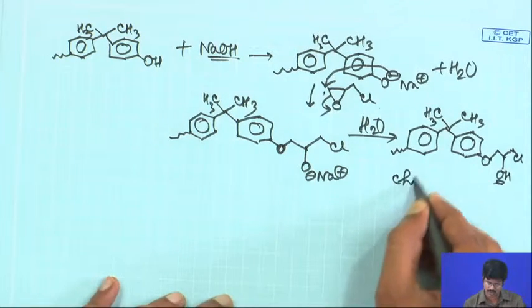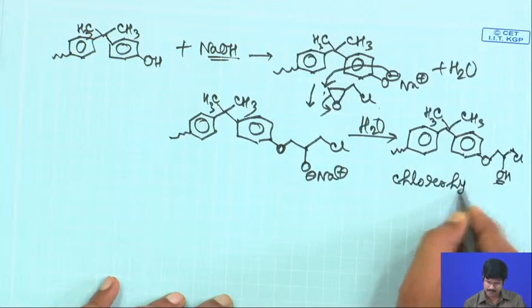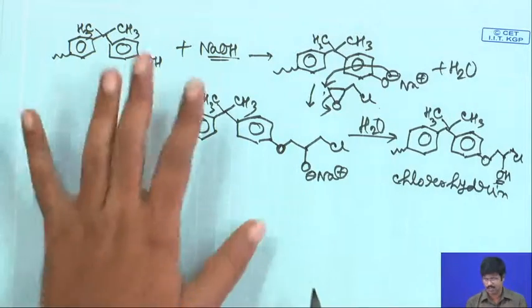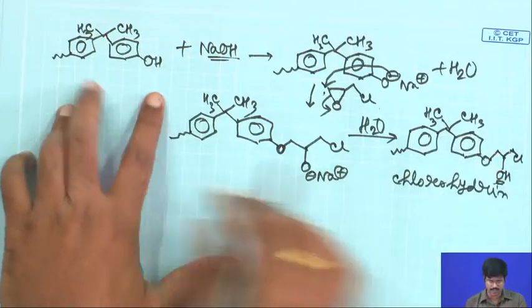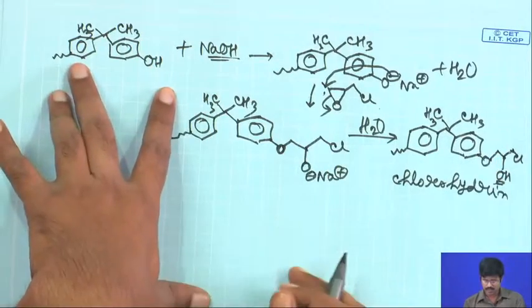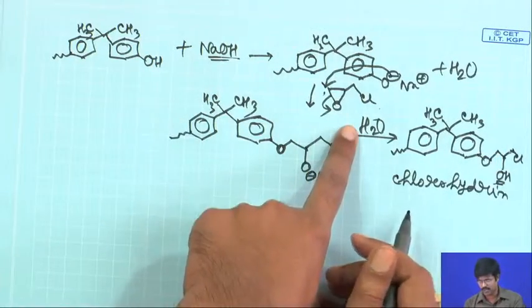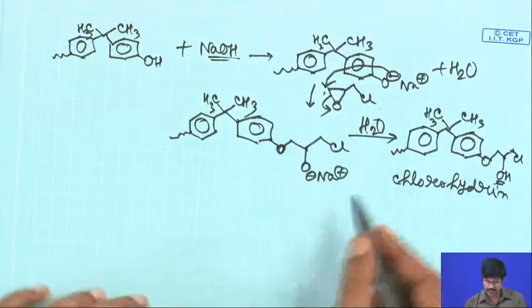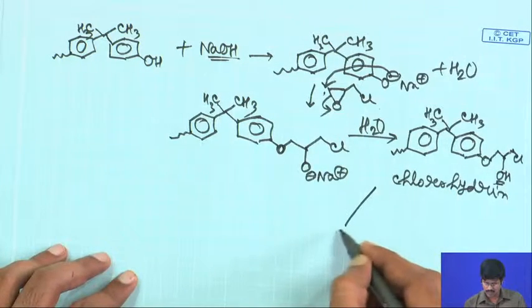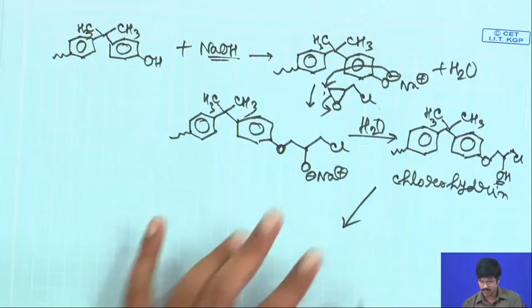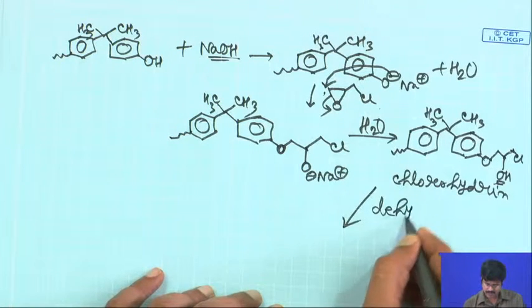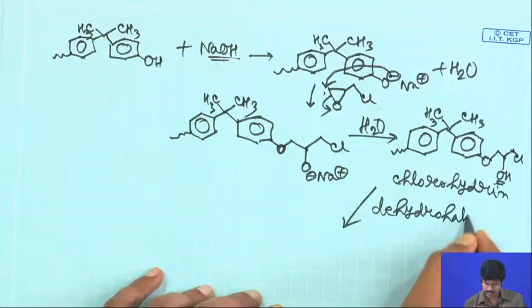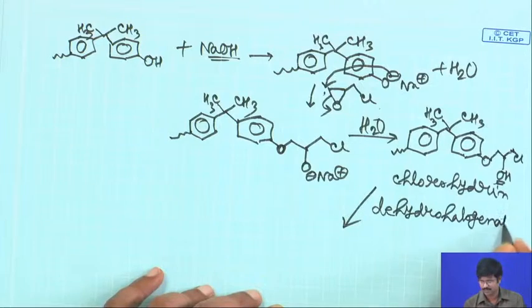This is called your chlorohydrin. So, this is basically the base catalyzed coupling of bisphenol A with your epichlorohydrin to give you a chlorohydrin, and then the second step is basically a dehydrohalogenation of this intermediate with a stoichiometric amount of base.